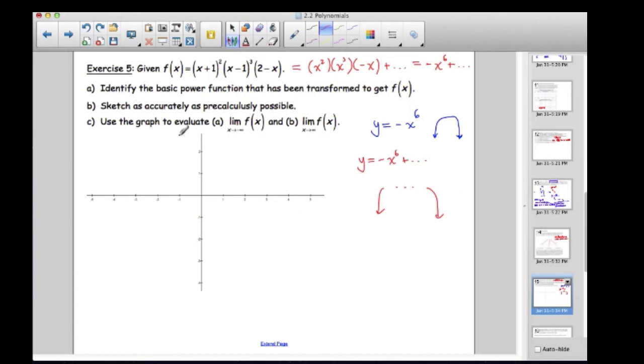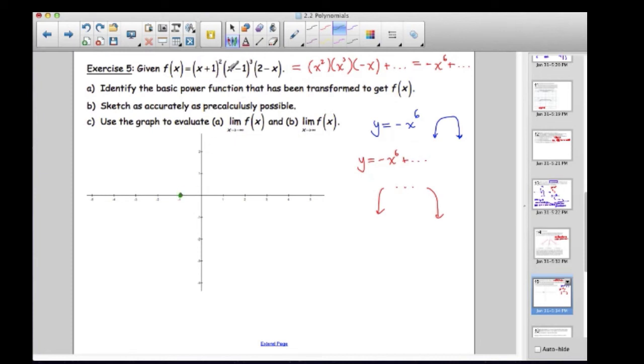Okay, so sketch as accurately as pre-calculusly possible. What we really need to do here is make a sign chart. And in order to make our sign chart work, we need to recognize these three factors. I'm going to list them over here, and that they correspond to three different x-intercepts. The x-intercept from the first factor is negative 1.